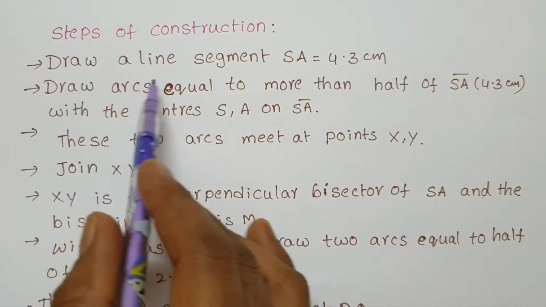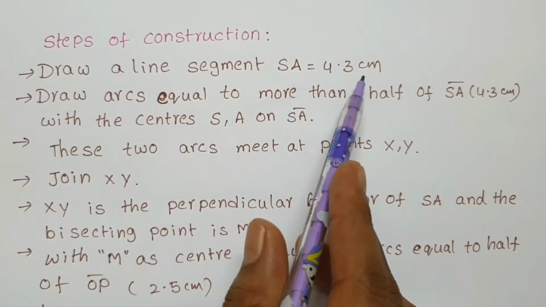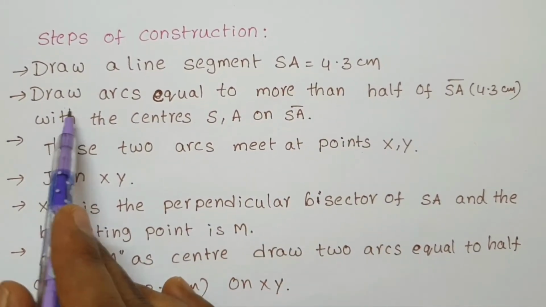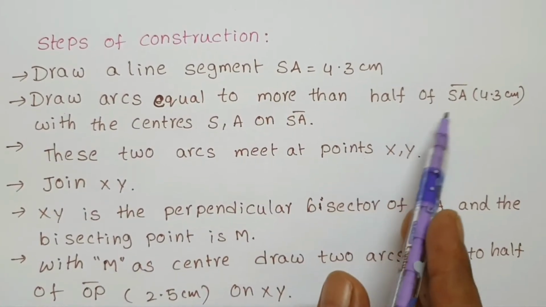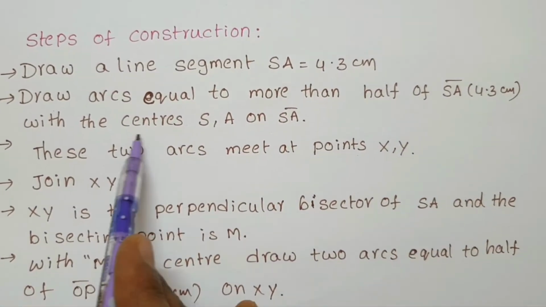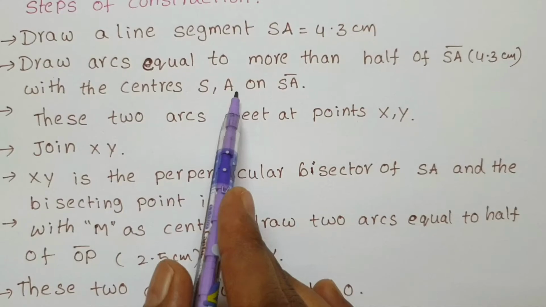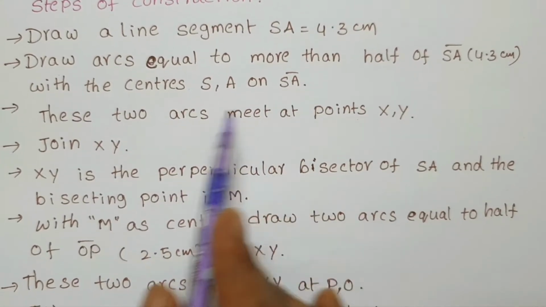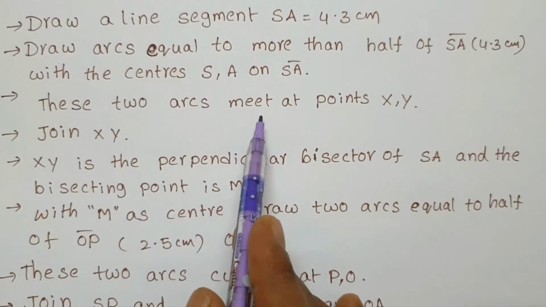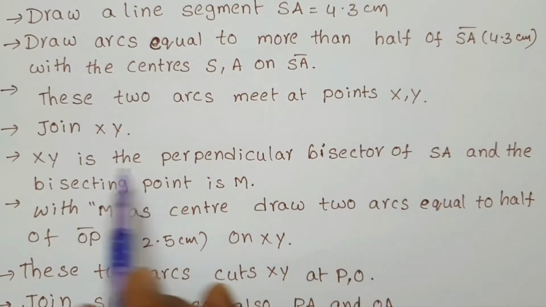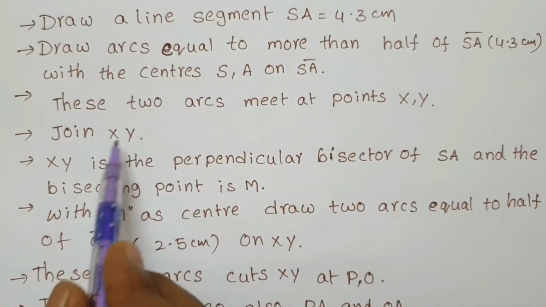So the steps: draw a line segment SA equal to 4.3 centimeters. Draw equal arcs of more than half of SA with centers S and A. These two arcs meet at X and Y. Join XY.